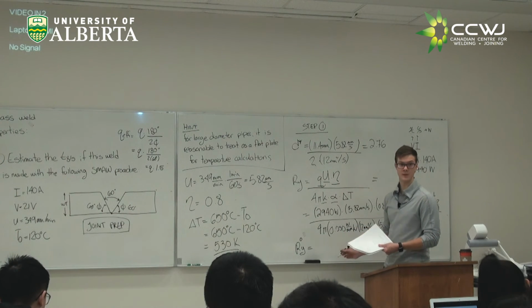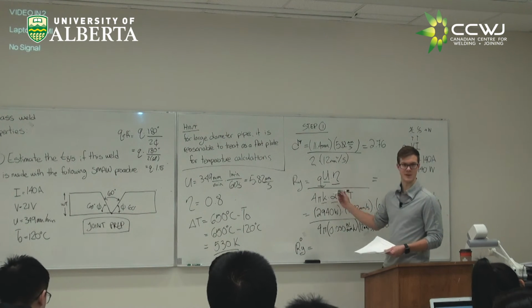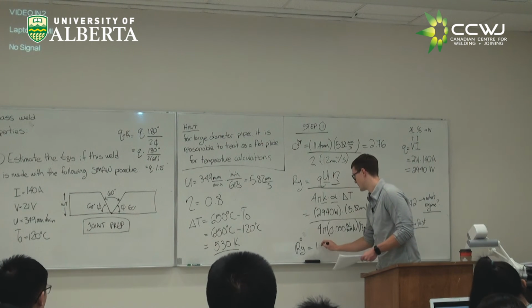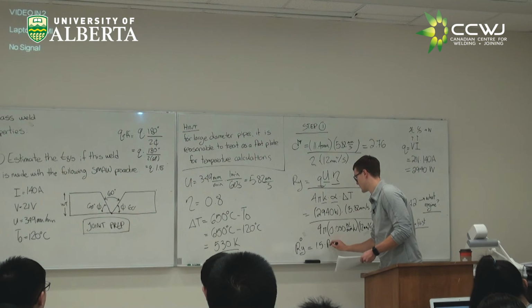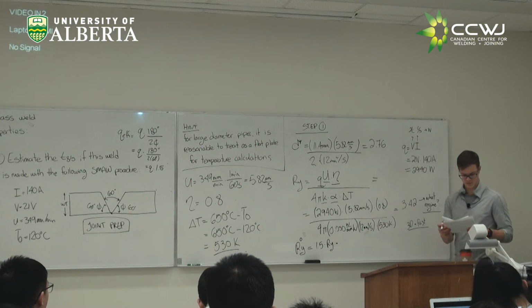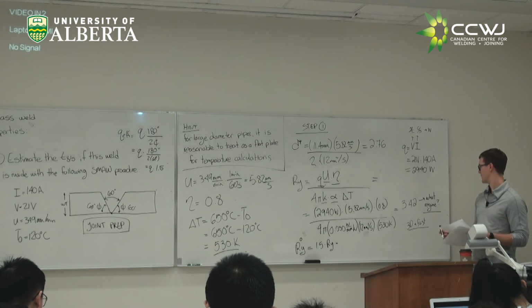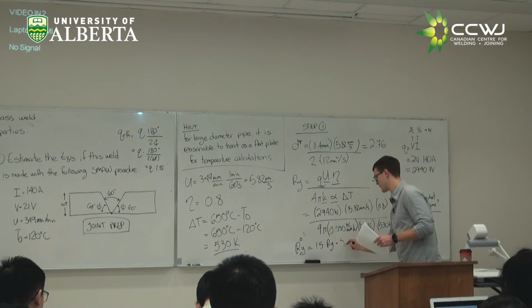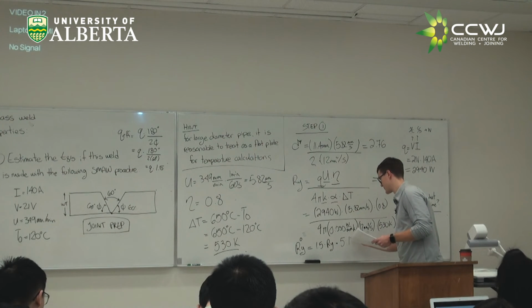This is just going to be 1.5 times the Rechlin we calculated before, right? So does anyone have a number for that? 1.5 times 3.42 is 5.10, give or take.